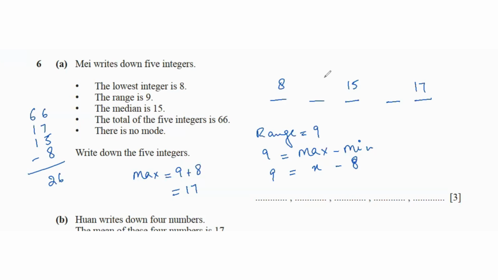Now 26 has to be divided between these two numbers, where the middle number is 15. So one number will be less than 15 and the other will be greater than 15. So we know 26 can be 10 plus 16. So 10 can be put over here and 16 can be put over here. So our integers are 8, 10, 15, 16, and 17.